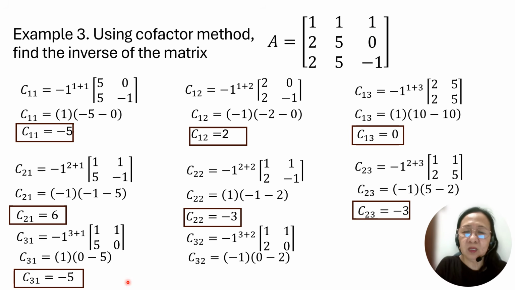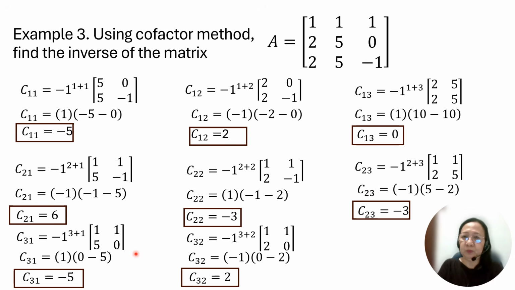Simplifying, 3 plus 2 is 5, which is an odd number, so we arrive at negative 1 for the sign. 1 times 0 is 0, minus 2 times 1, which is 2. So 0 minus 2 is negative 2, times a negative 1, which is now a positive 2. So C sub 32 is 2.